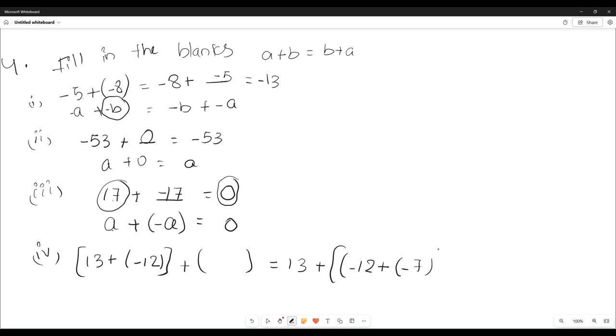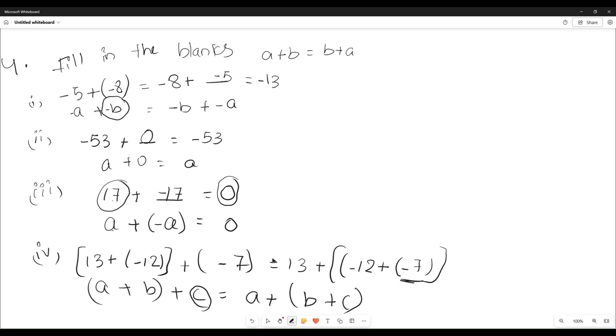It looks like the associative property. What is the associative property? A plus B plus C equals to A plus B plus C, with the grouping changed. Here what is missing? C is missing. What is the value of C here? Minus 7 is the value of C.